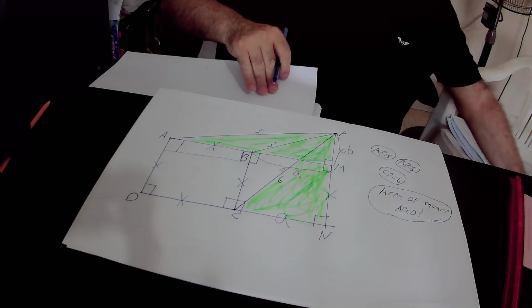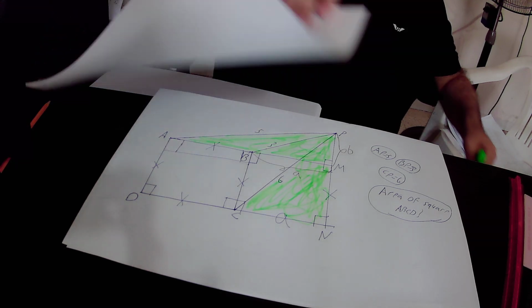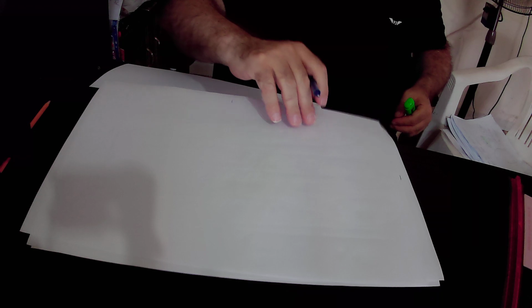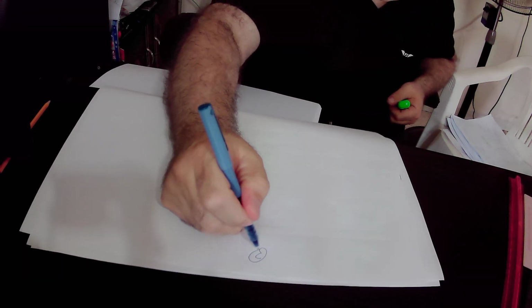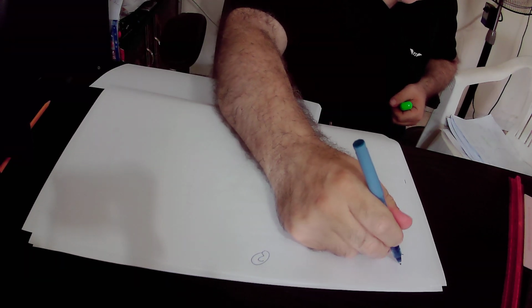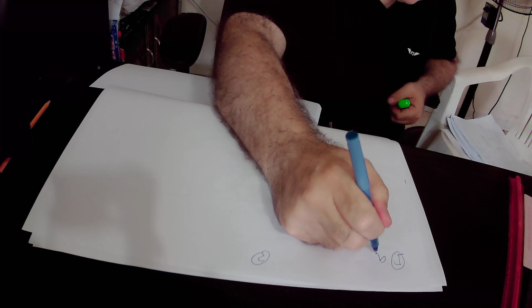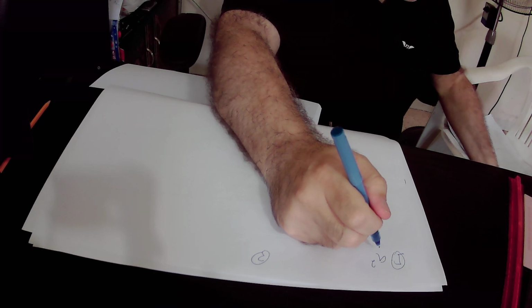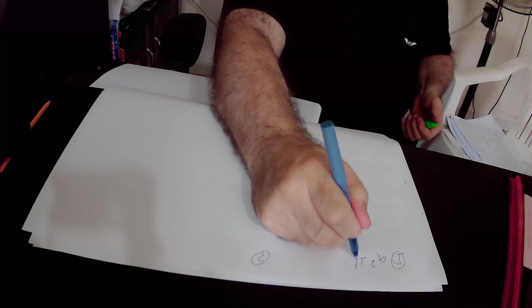And according to equation number 1, we have already found out that a squared plus b squared equals 9.